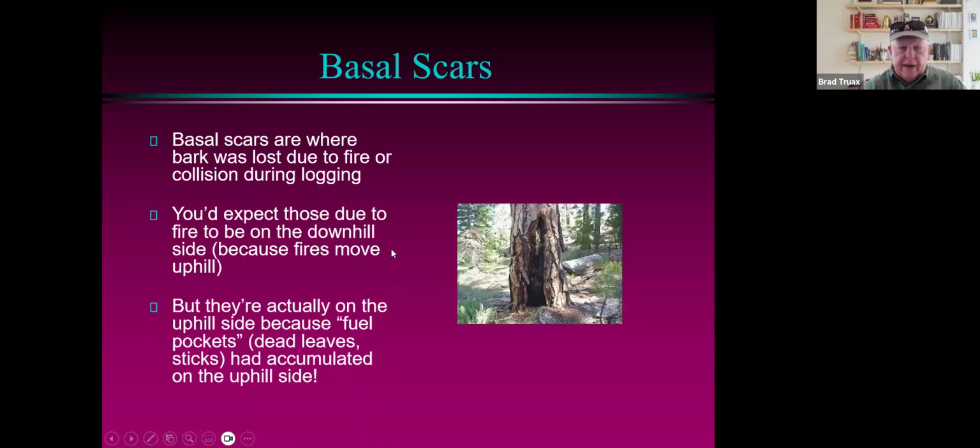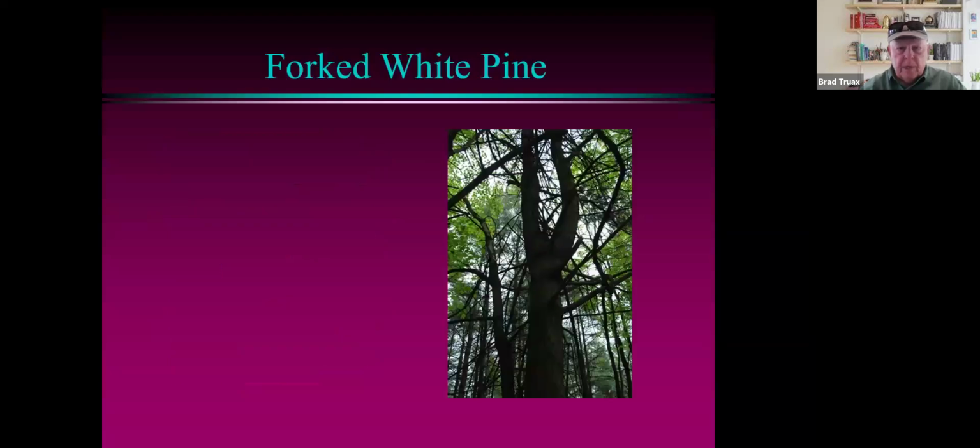But in fact, it's actually the opposite. Most of these basal scars are on the uphill side, and that's because there are what we call fuel pockets. That's where dead leaves and sticks have fallen down due to gravity and accumulate on the uphill side of the tree. And then when there's a fire, the fire is much more intense on that side.